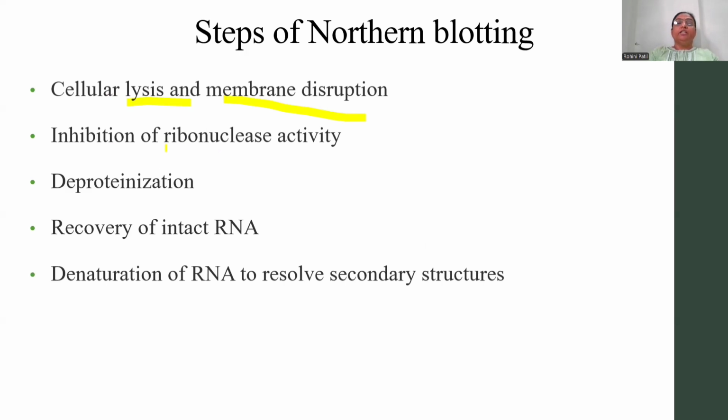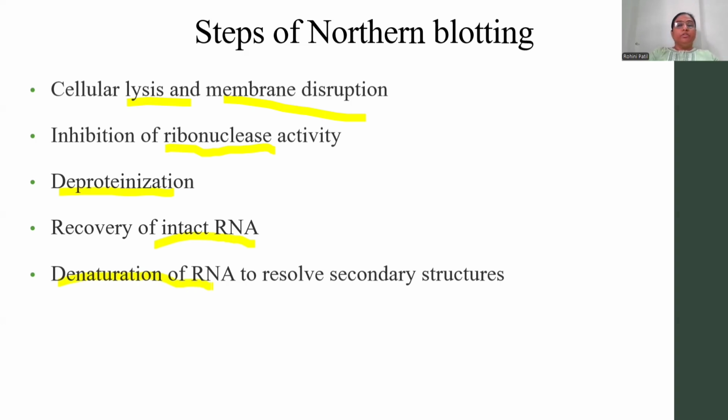In the cell, there are ribonucleases. Their activity has to be inhibited because you want stable RNA. Then you go for deproteinization, and then you isolate the intact RNA. After the isolation of the RNA, the most important step is denaturation of the RNA to resolve the secondary structures.